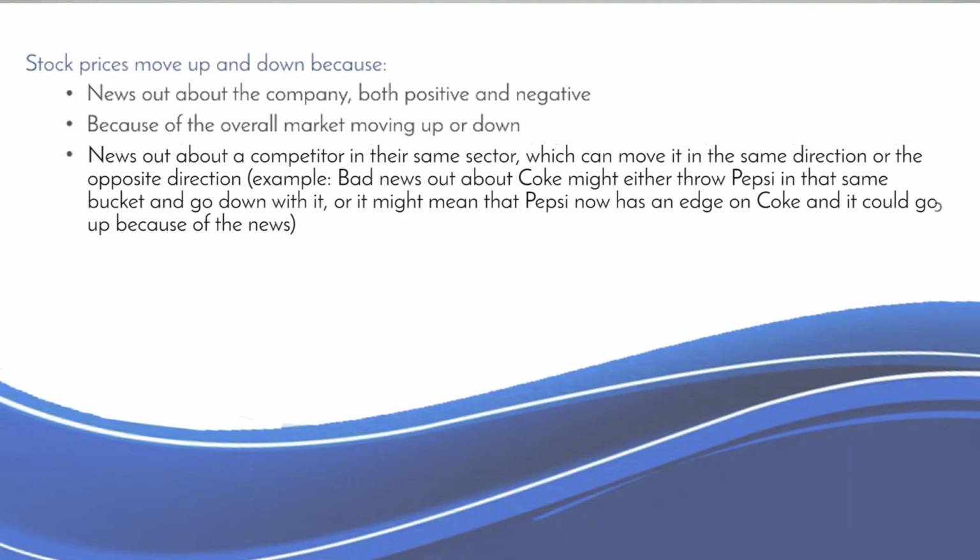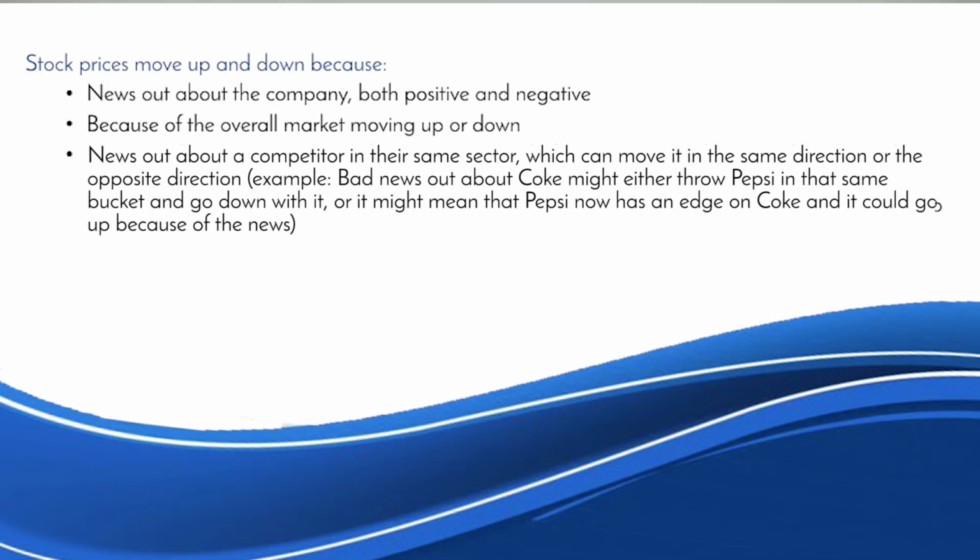You're also at risk when you own a stock, because if any bad news comes out about the company, the stock will go down because people think the value of the company will go down. You're going right along with the company in the value of the overall assets that they have.